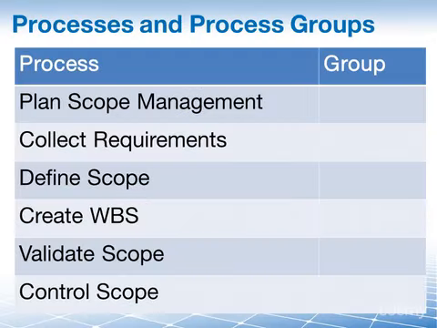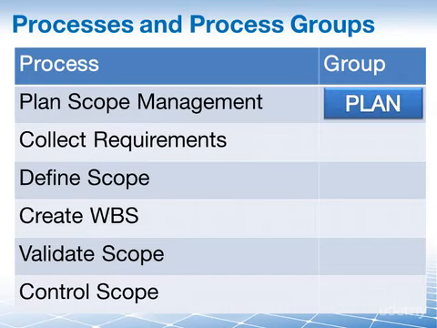So we have 6 processes, but we only have 5 process groups defined in the PMBOK guide. Where do they fall? Well, it's usually quite simple with the first one, plan scope management. Of course, this falls into planning.